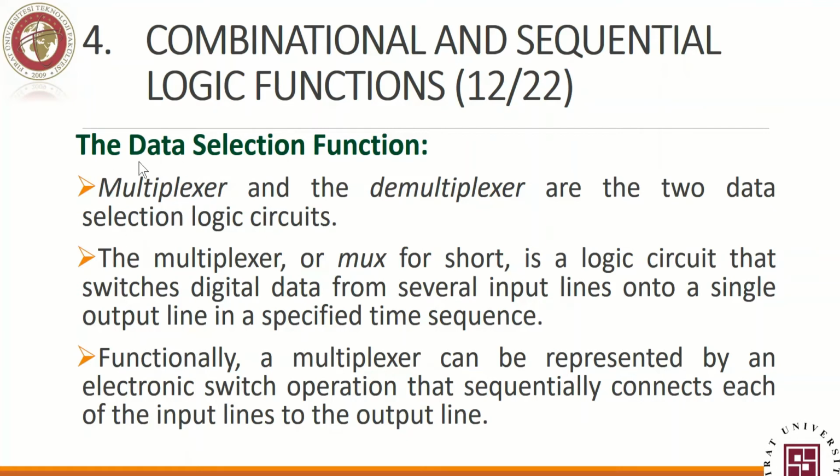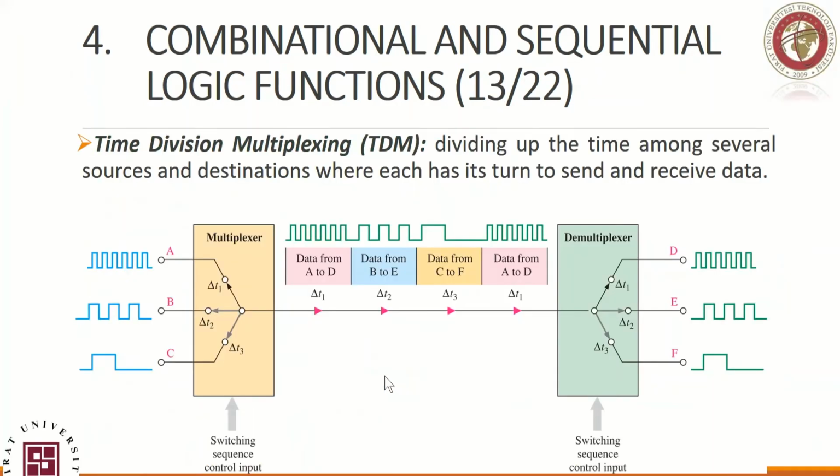We usually refer to a multiplexer in short as mux. Okay, now look at this. This explains it. So we have 3 inputs. It could be more than 3. It's just an application. We assign a time delta t1, delta t2, delta t3 for each input to take it onto one line. This is one line here. And then we transfer them.